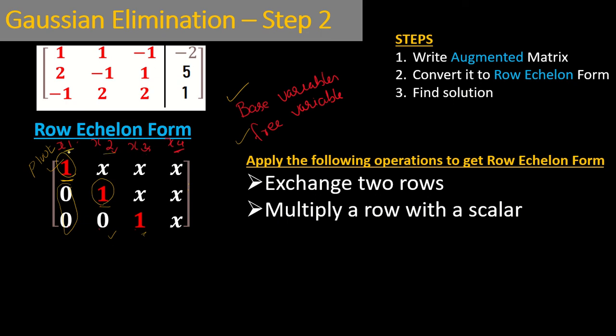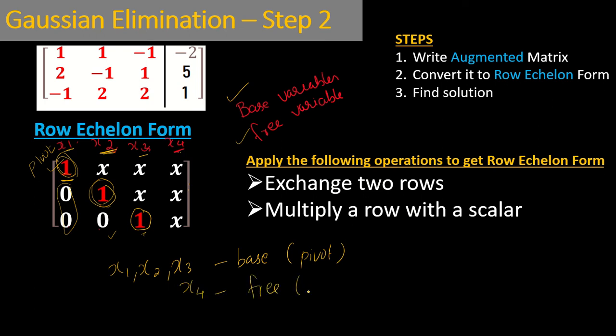When you consider x1, it has a pivot element. x2 also has a pivot element. And for x3, we have a pivot element. And when you come to x4, there is no pivot element in this column. So x1, x2, and x3 are base variables because they have pivot columns. Then x4 is a free variable because it has no pivot element.